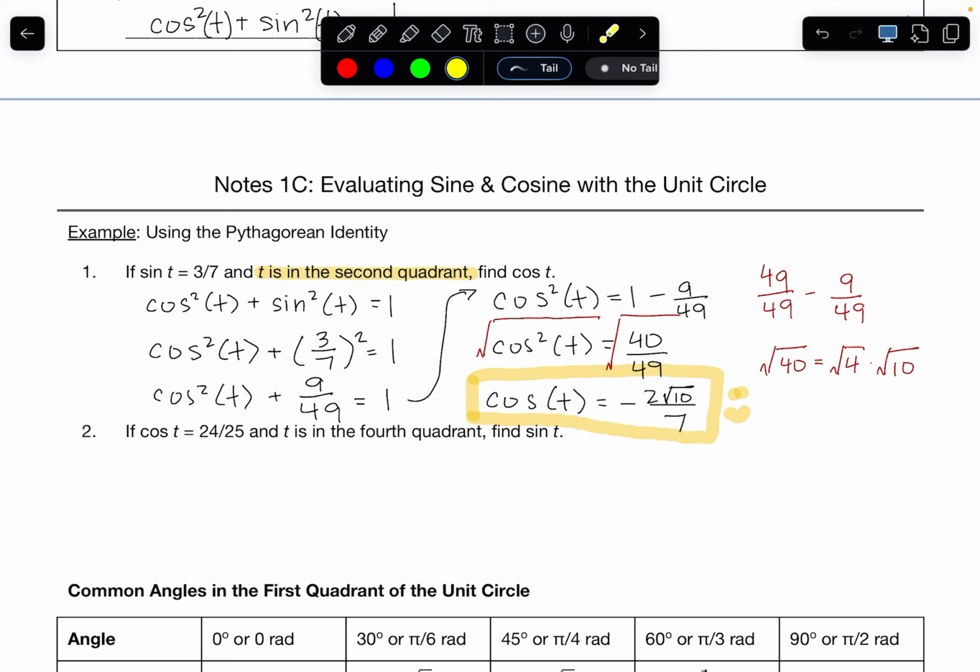So it's not 1 minus 24 over 25. It's 1 minus 24 over 25 squared. And you're going to get big numbers so that when you undo that square later, the denominator will be 25 again. Because remember, sine and cos should have the same denominator. I'll give you about 30 more seconds.